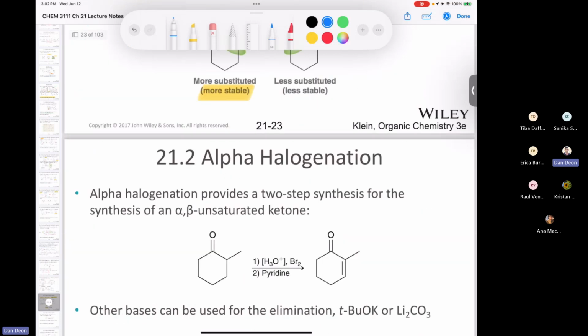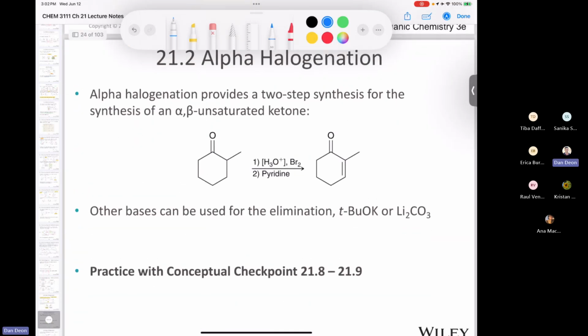And it turns out that if you take an unsymmetrical ketone and in the first step you treat it with a catalytic amount of acid and bromine, what do you end up with? You end up with the alpha bromoketone, which in this case would be 2-bromo-2-methylcyclohexanone. That's what you would get as your intermediate after the first reaction.